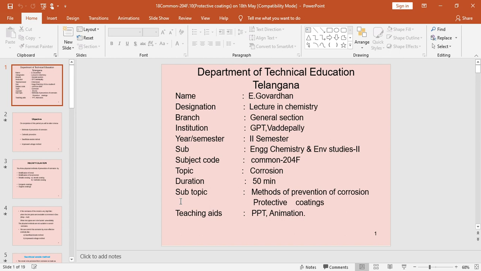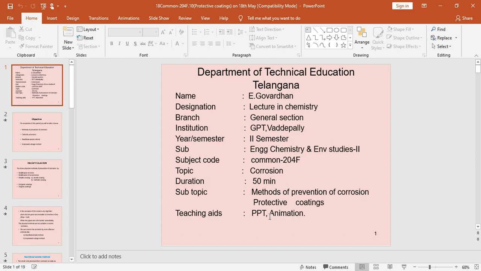Now, the subtopic is methods of prevention of corrosion in protective coatings. Teaching aids: PPTs and animations are used.